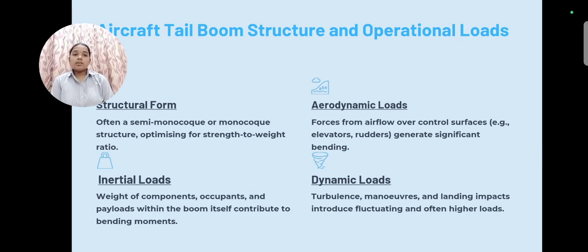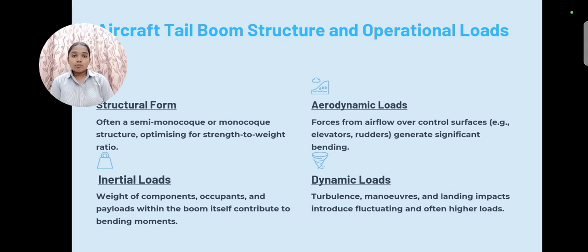Here we can see some tail boom structures and operational loads. The structural form is a semi-monocoque or monocoque structure to optimize the strength-to-weight ratio. Then there are aerodynamic loads, like forces from airflow over control surfaces, for example the rudder and stabilizer, meaning the elevator.